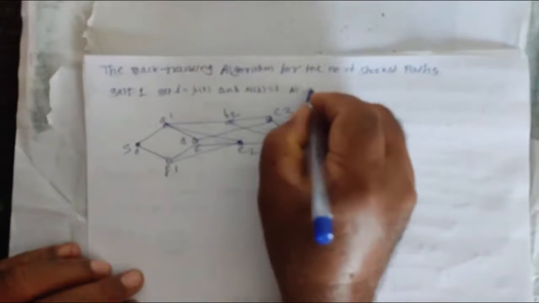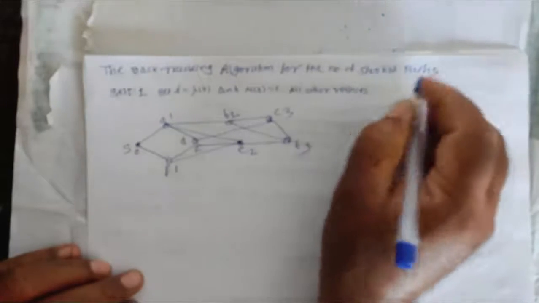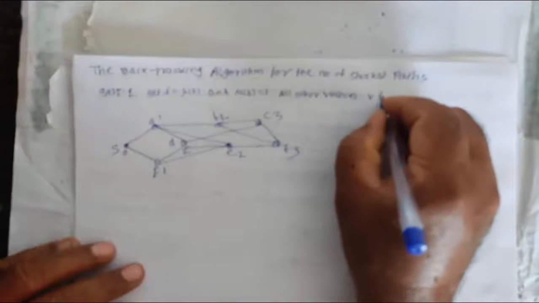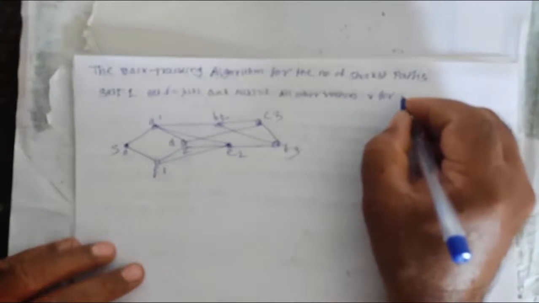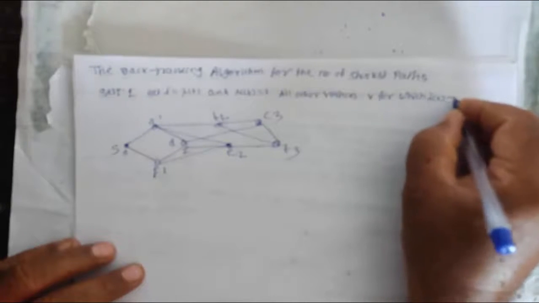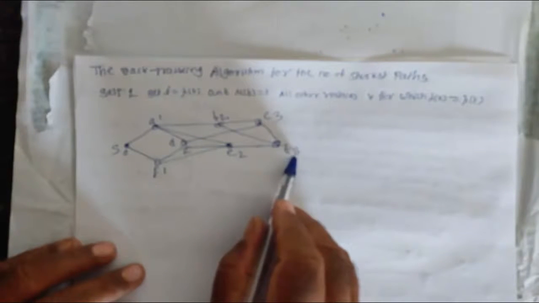All other vertices V for which lambda of V is equal to lambda of T. That means here I is equal to lambda of T. Here lambda of T is 3.